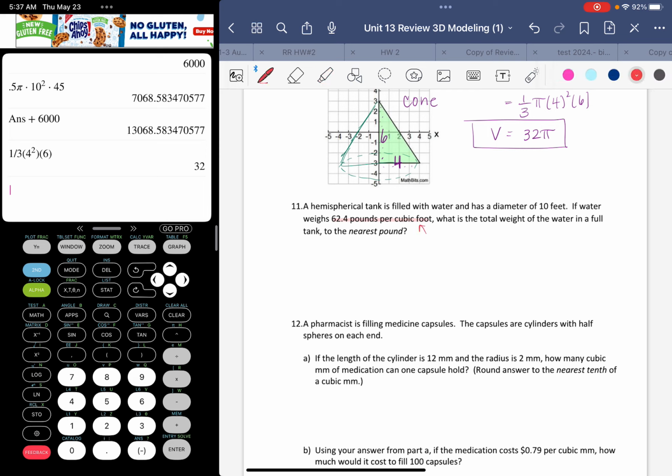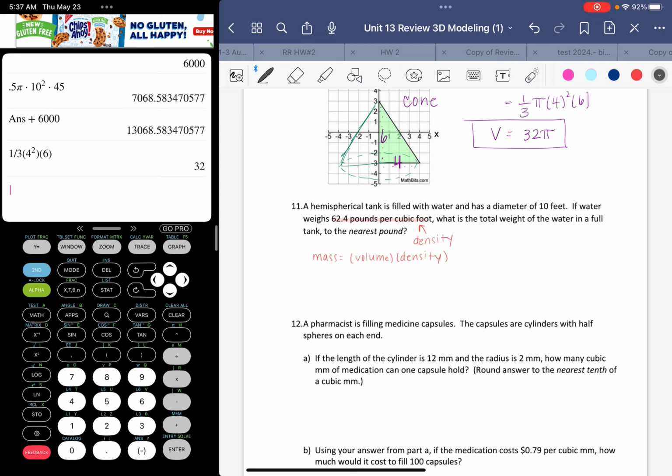So if we want to figure out how much it weighs, it's equal to the volume times the density. So we're going to figure out our volume, and then multiply our answer by 62.4 pounds to figure out how much this tank weighs.